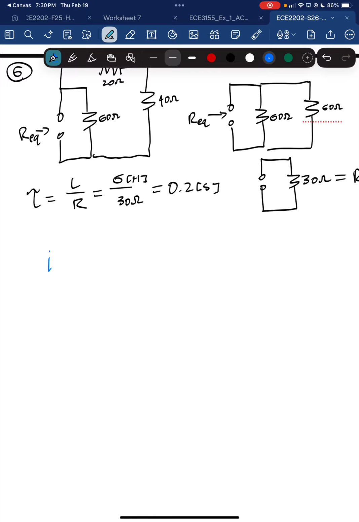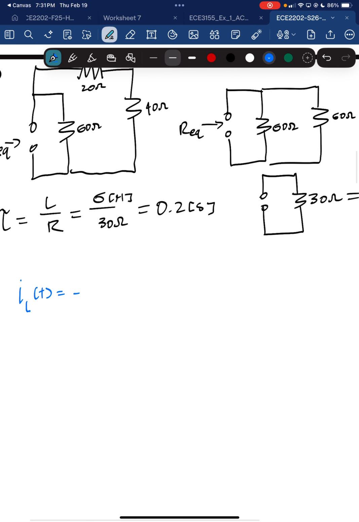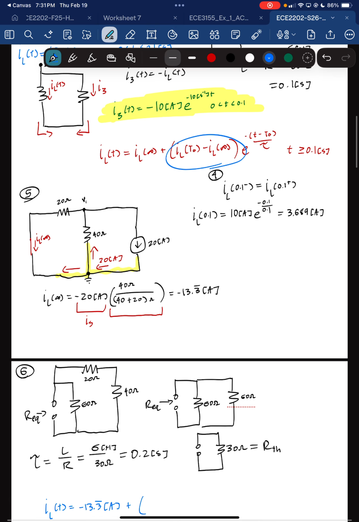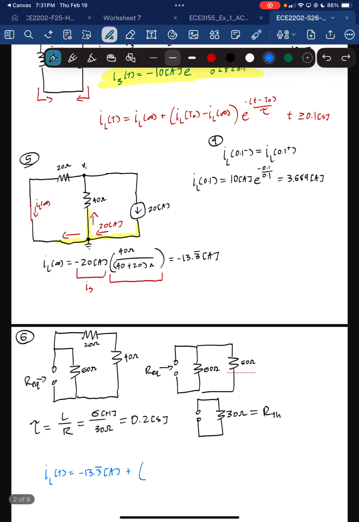And so our new equation for IL of t is going to be IL of infinity, which is negative 13.3 repeating amps, plus IL of t naught minus IL of infinity. T naught we found to be 3.689, minus negative 13.3, so plus 13.3.